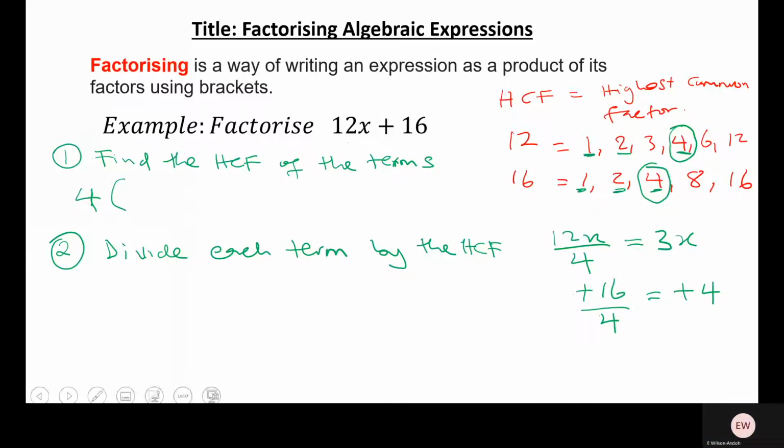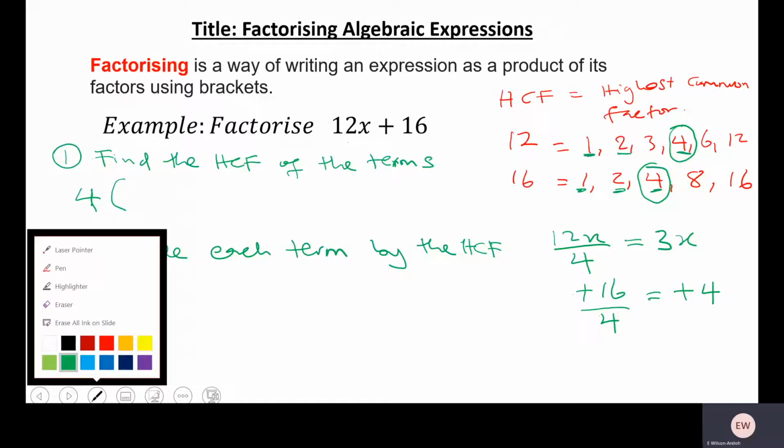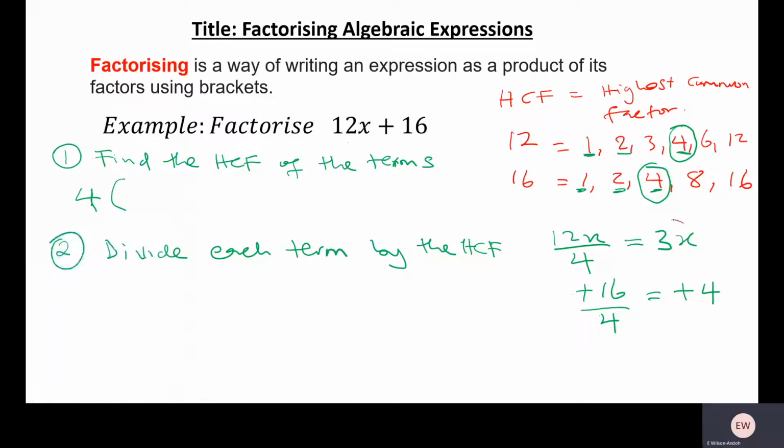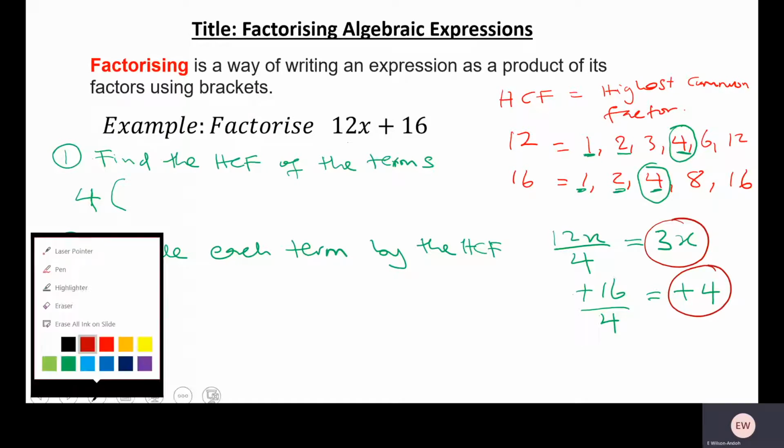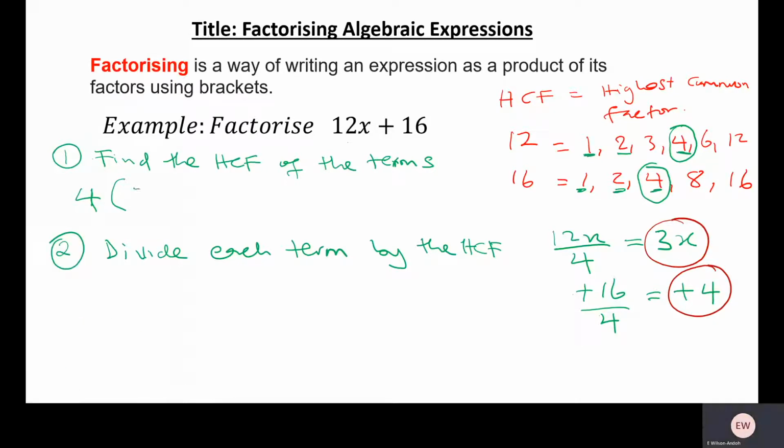So what we are going to put in the bracket is going to be these terms. So in the bracket, we are going to have 3x plus 4.